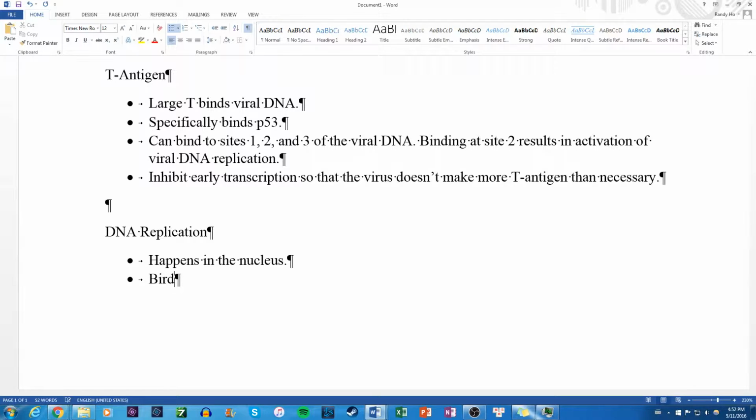It's bidirectional, just like our own DNA. There are leading strands and lagging strands, and it exploits cell machinery. And then late gene expression.